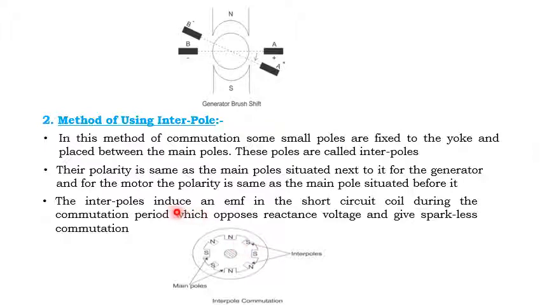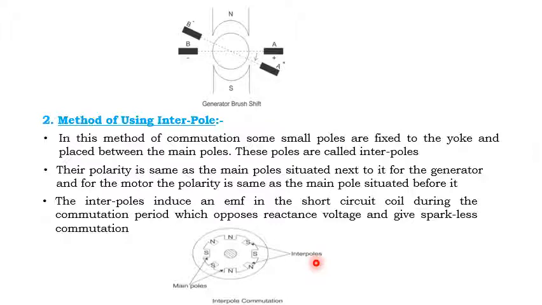Now the interpoles induce an EMF in the short circuit coil during the commutation period, which opposes the reactance voltage and gives sparkless commutation. So obviously our objective is to neutralize the reactance voltage. Here again two EMFs are produced: one by the main poles, another by the interpoles.